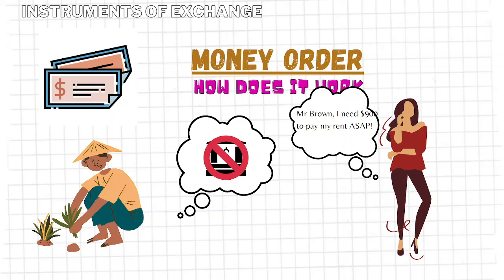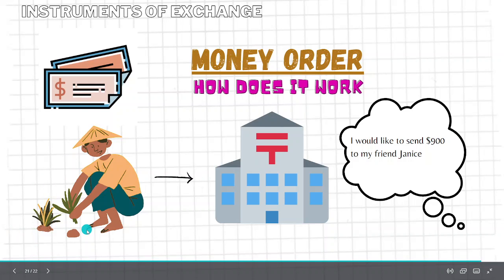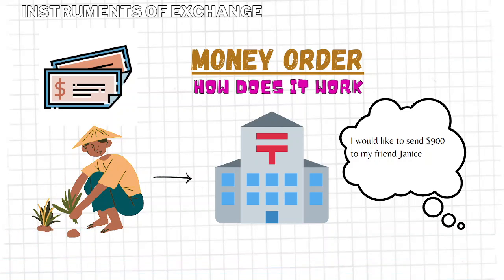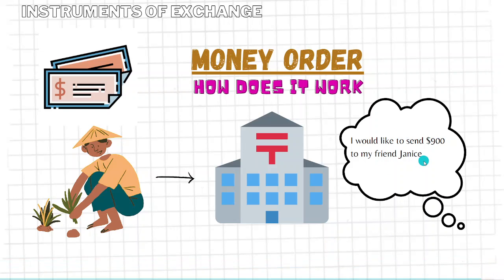So he decides, well, I don't have a bank account, but I'm going to go to the post office, take the $900 out of my piggy bank, and purchase a money order. They will write whoever's name is supposed to be on the money order. In that case, it would be Janice and maybe her address, and he would give them the money and pay for the money order.